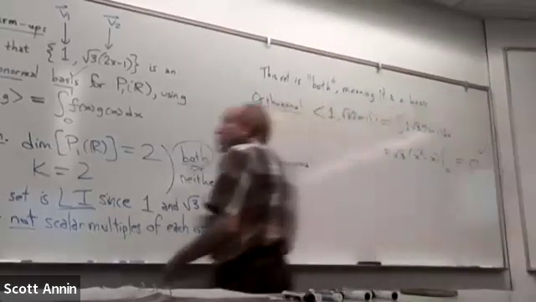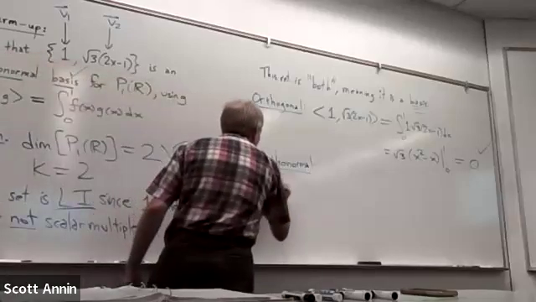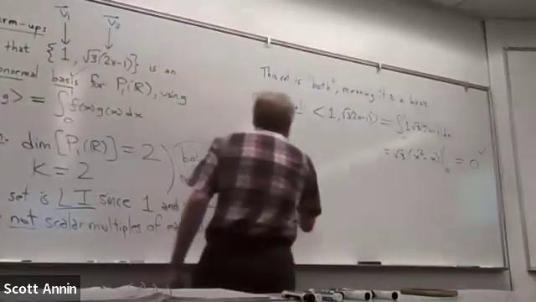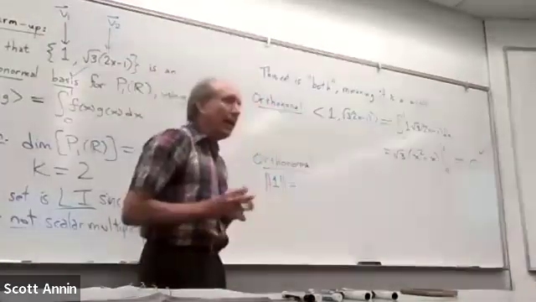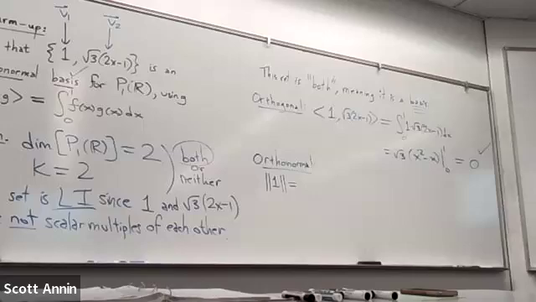So let's check and make sure that each of these vectors is a unit vector. The norm of 1. Let's check that one out. Remember that the way we calculate a norm always, probably should have put it up here in the recap again. The norm of a vector is always the square root of the inner product of that vector with itself.